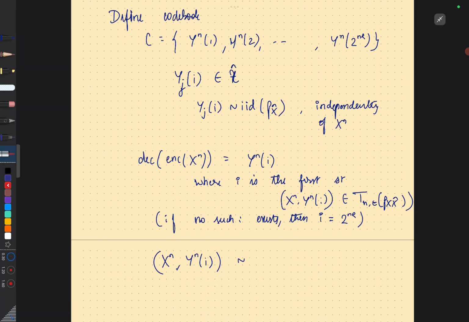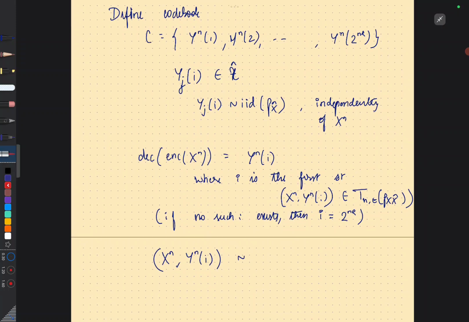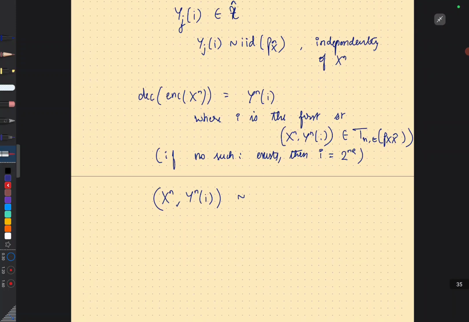So now what can you say about the joint distribution between xn and yn of i for any i? It's px times px hat, right? So basically xn and yn of i are drawn according to the distribution px hat.